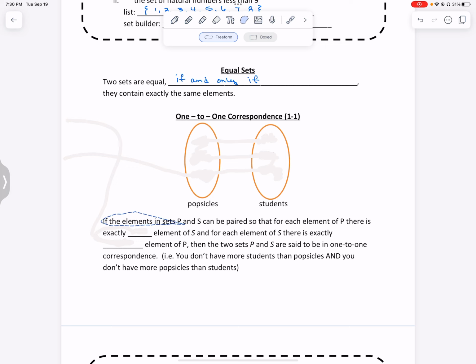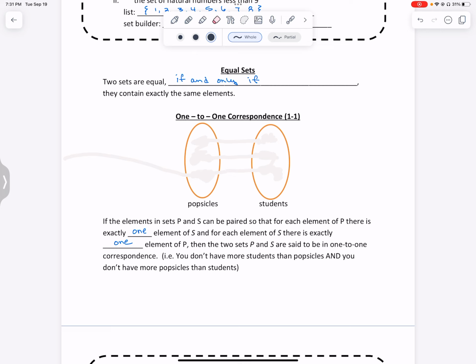If the elements in the set P can be paired with S so that for each element of P, there is exactly one element of S, and for each element of S, there's exactly one element of P, then the two sets are said to be in one-to-one correspondence.